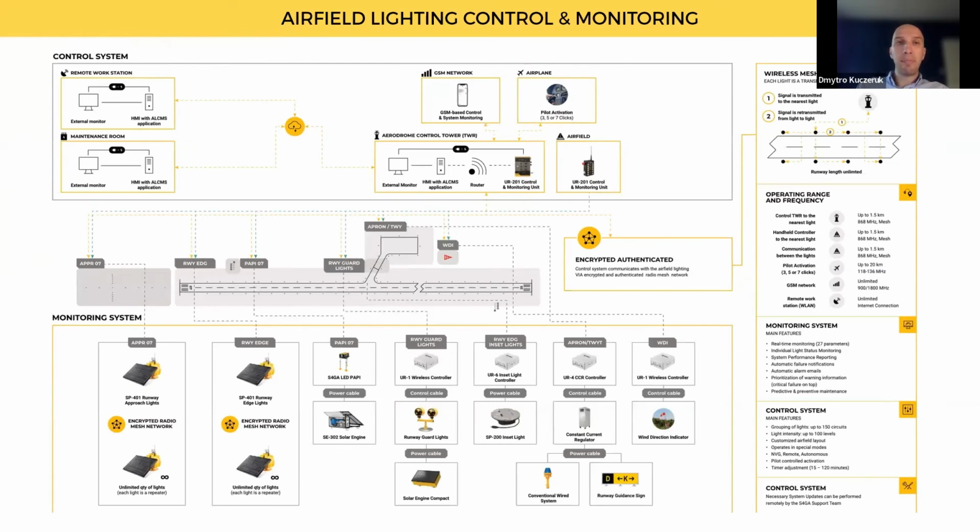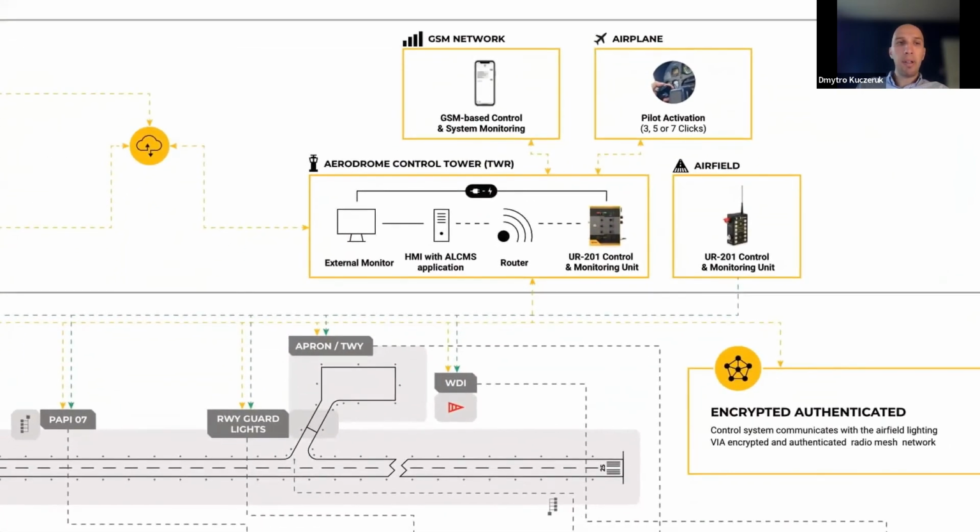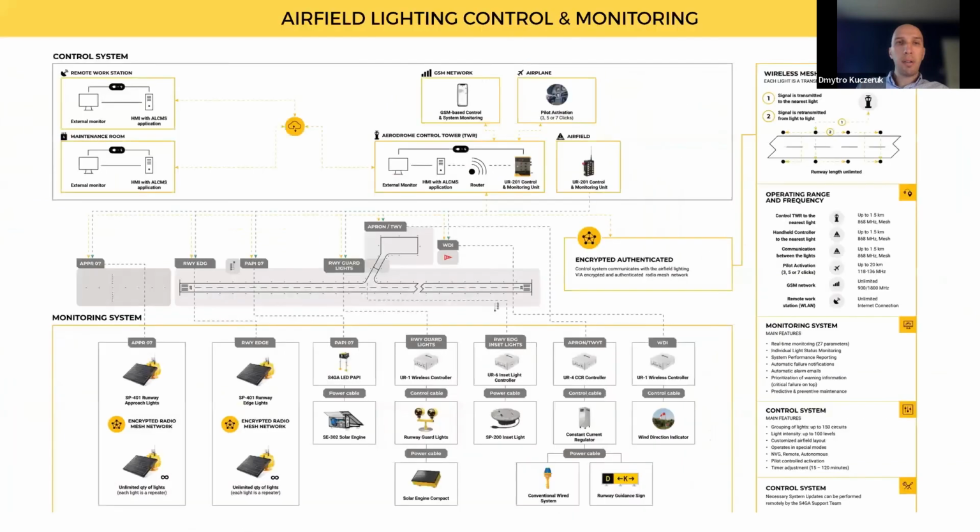But what I can say is that how our control system works is that in the tower you have installed a control system that shows all information to ATC personnel on the monitor. The same control system, with the help of the internet, can be connected to a remote server where we, S4GA, or even a customer from another city, can have access to the data of this particular airport.